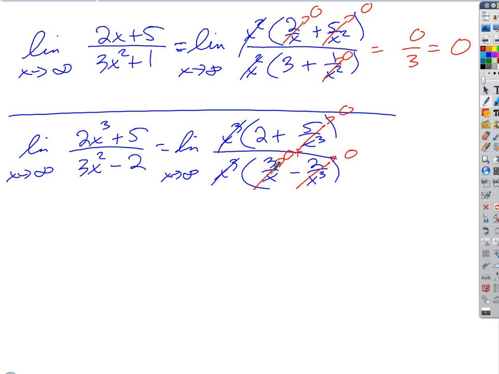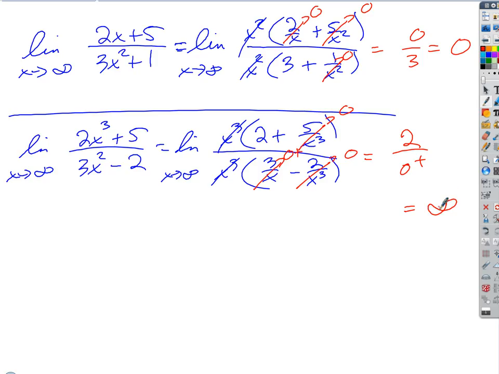On the top, this is just a positive 2. So our final answer looks like 2 divided by 0 plus. We've done this before, right? When I divide by 0, I know it's getting infinitely big, and positive divided by positive is positive. So that's positive infinity.